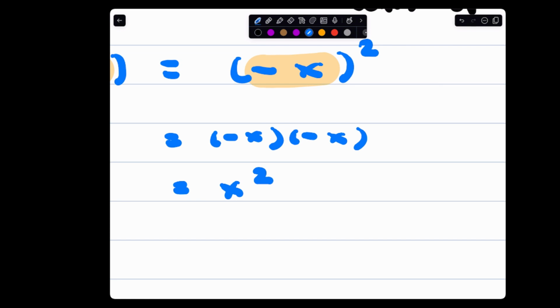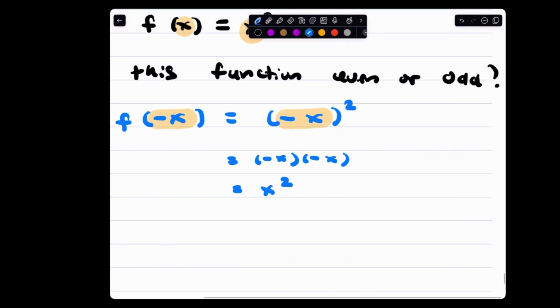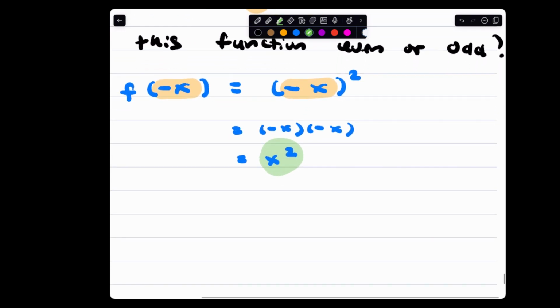Now, have you ever seen x squared before? That's the original function. Isn't that true? So we replace the x squared with what we know it's really called. It is called f of x.